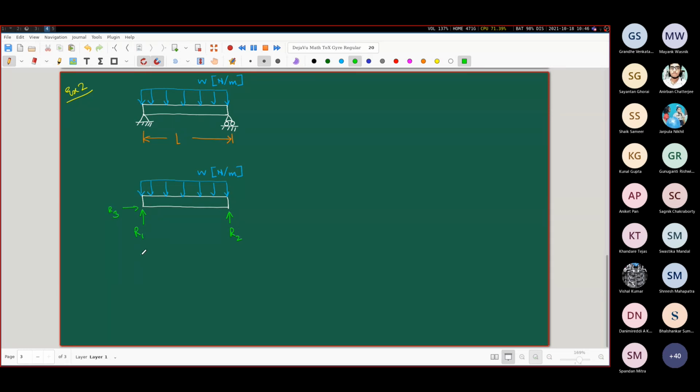You tell me what are the values of R1, R2, and R3. WL by 2. So R1 is going to be equal to R2 is going to be equal to WL by 2, and R3 is going to be equal to 0.